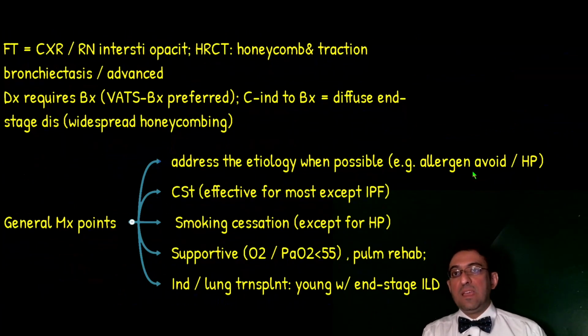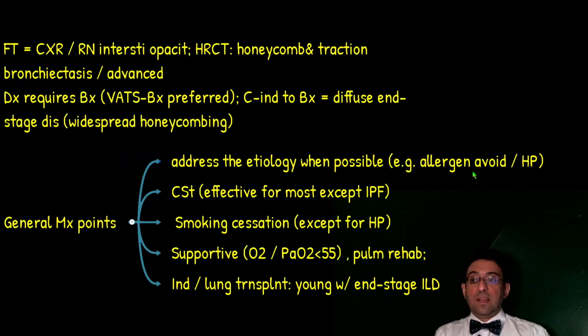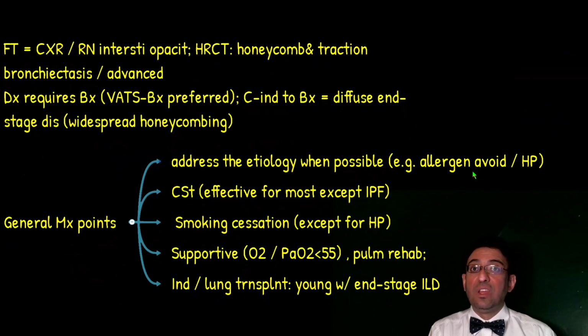And if the PaO2 drops to values less than 55 millimeters of mercury, we begin oxygen supplementation and pulmonary rehab regimens. Now the question is, what group of patients are the candidates for lung transplant in the setting of advanced interstitial lung diseases? The answer is the young patients with end-stage interstitial lung disease. And this finishes our discussion of interstitial lung diseases.